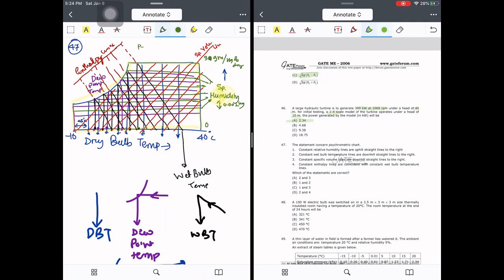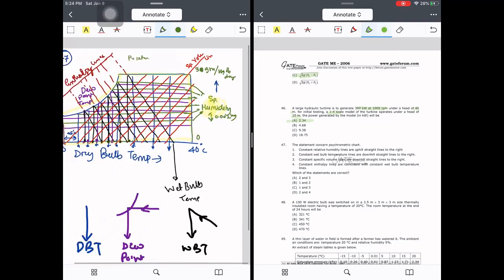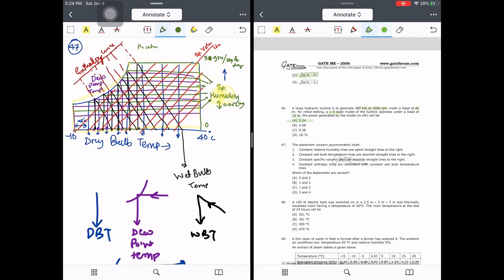Now the psychrometric chart curve is something like this. This entire psychrometric chart is built at pressure equal to, what? Atmospheric pressure. So the pressure used for designing the psychrometric chart is 1 atm. Now the green represents, as I said, specific humidity, and each division is 0.001 kg of water vapor present per kg of dry air.